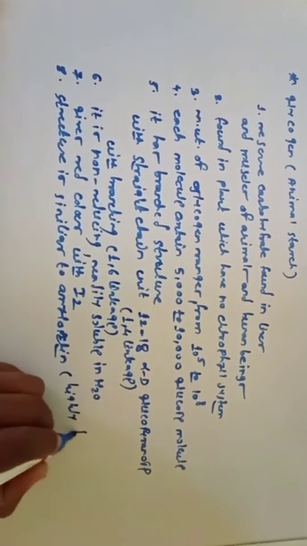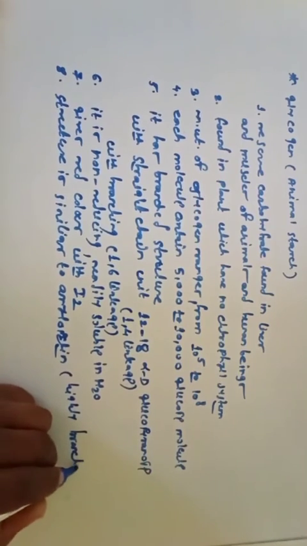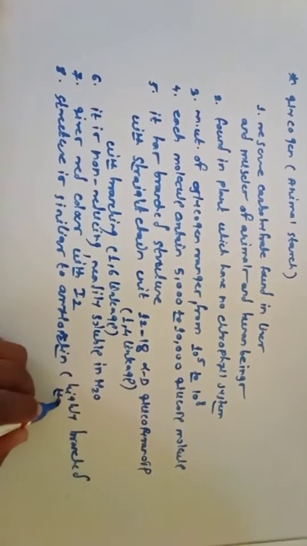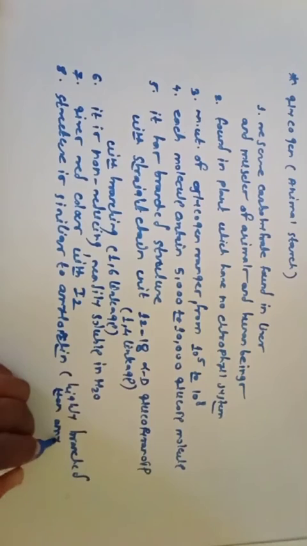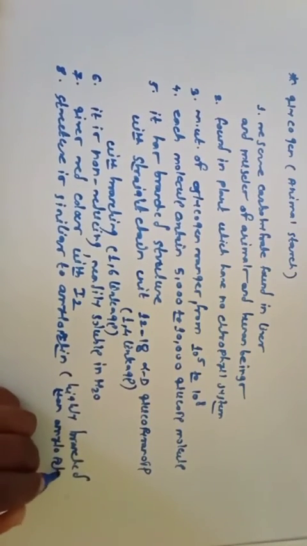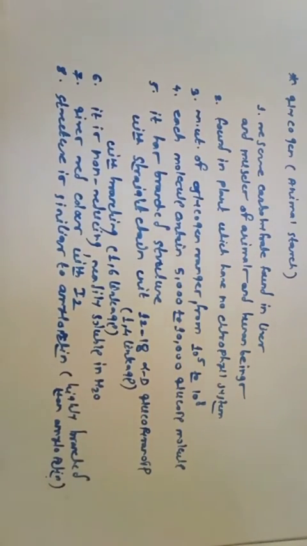So you should keep in mind, the structure is similar to that of amylopectin, but it is highly branched than amylopectin. Its branch point occurs at every 8 to 10 glucose units.